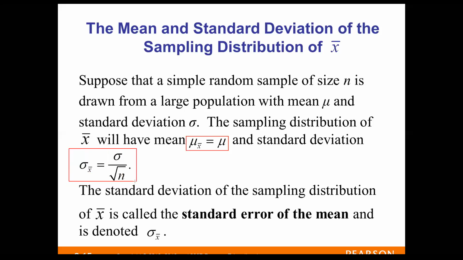In a similar fashion, this standard deviation is a measure of variability or dispersion, right? It's on average, how far away from the mean do the points lie? Sigma sub x bar is a notation for the standard deviation from the sampling process. Again, each time I take a random sample, I'm going to get a sample mean.